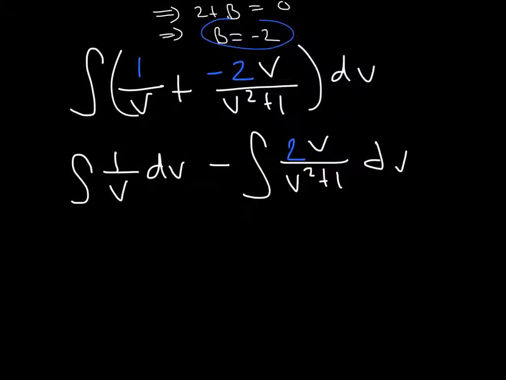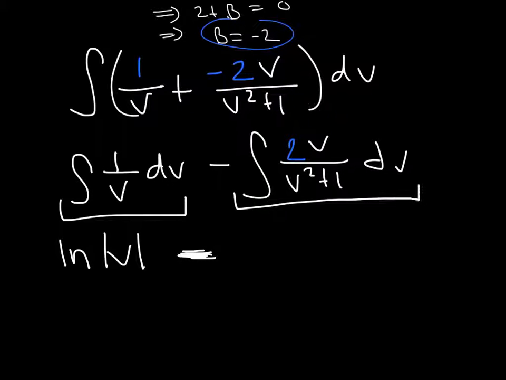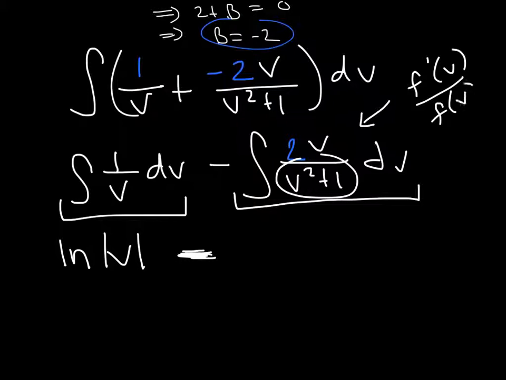Okay, now when we integrate, this is very easy, right? That's the natural log of v. And then this guy, and that's minus, not equals, right? This guy we've seen before. If we take the derivative of v squared plus 1, the derivative is 2v. So we have f prime of v over f of v, so this is the natural log of f of v, or f of x.